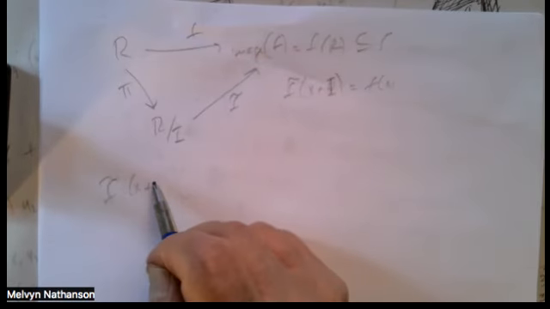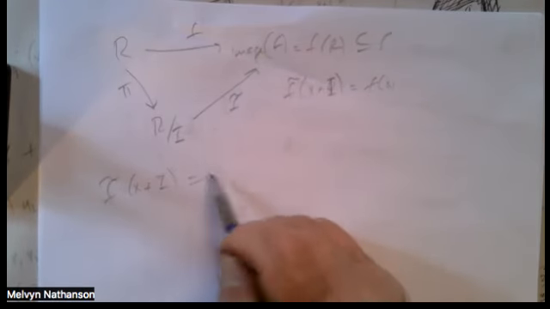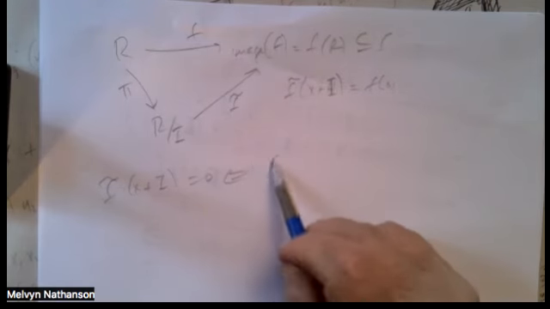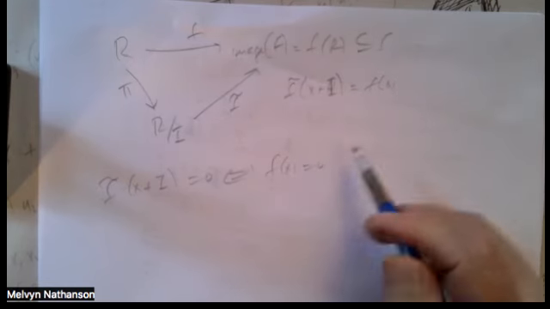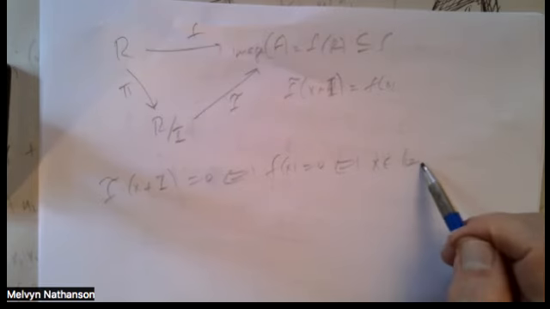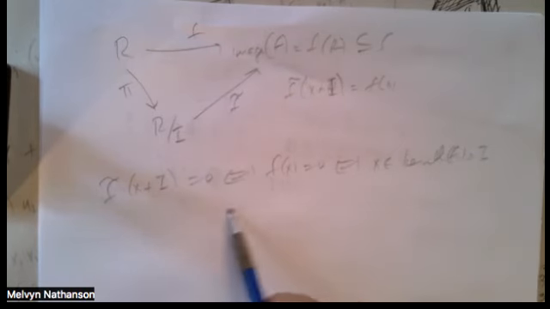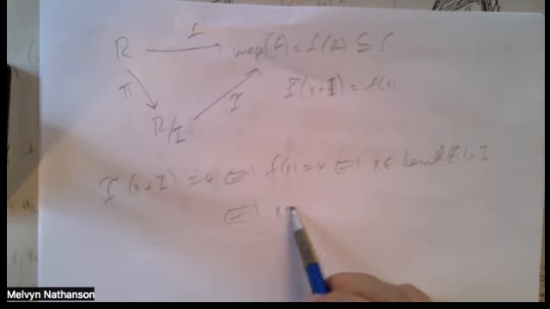F tilde of x plus I equals 0 if and only if F of x equals 0, if and only if x is in the kernel of F, which is equal to I, if and only if x plus I equals I.